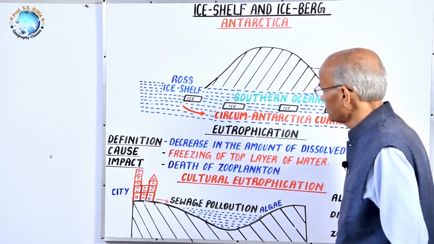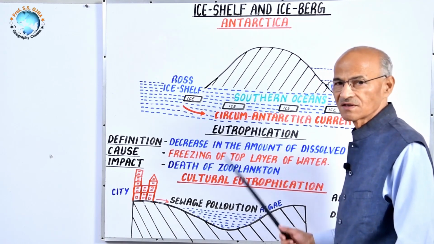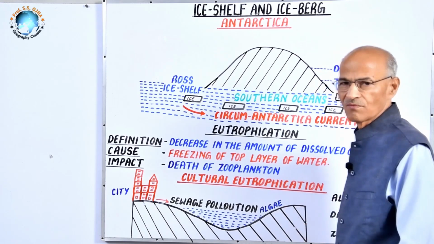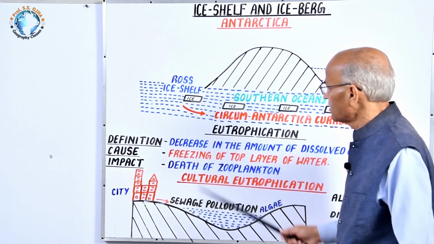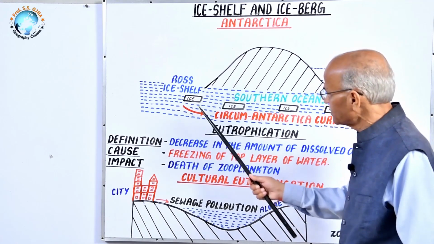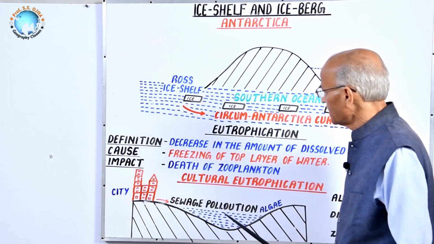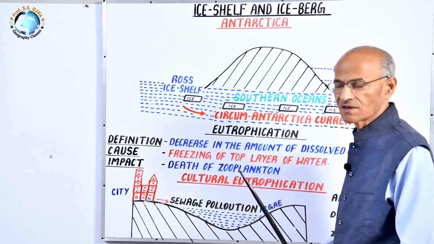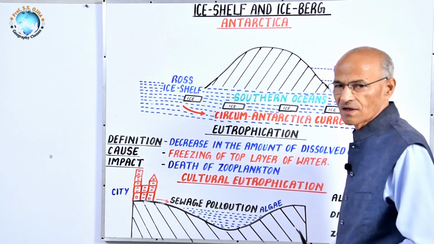Now we have to see that during the month of December, means southern summers, the ice shelves are broken and they move surrounding Antarctica, and their motion is from west to east, as you are seeing here on the map, and this motion is due to the ocean water current that is called the circum-Antarctica polar current.